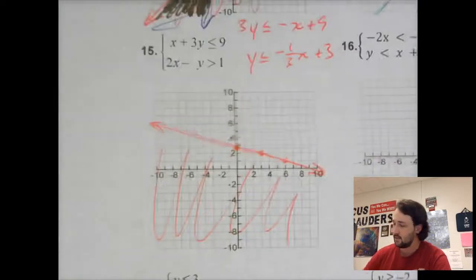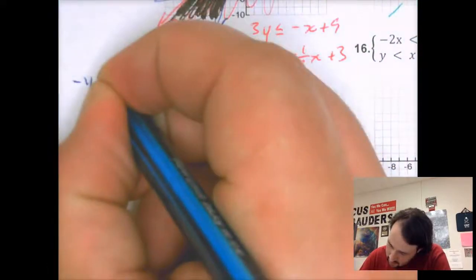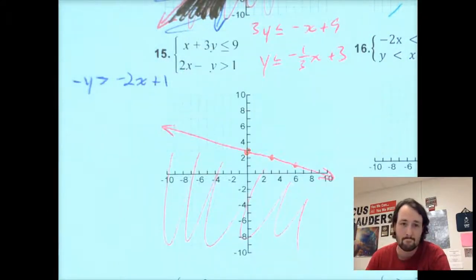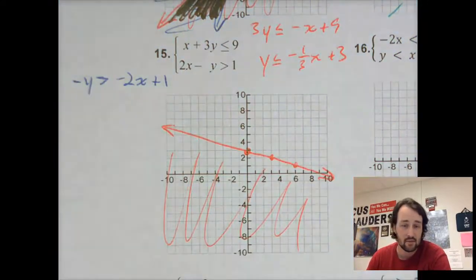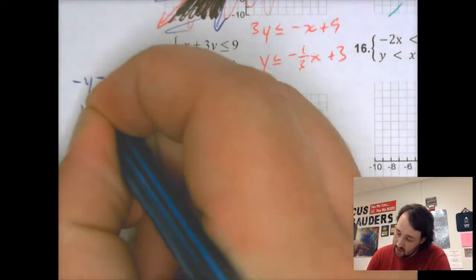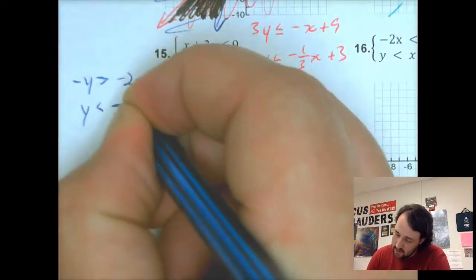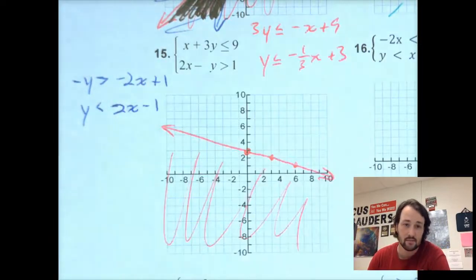All right. Now the other equation, I need to subtract the 2x over, so -y is greater than -2x plus 1. And then I need to divide by that -1. Whenever you divide or multiply by a negative number with an inequality, you need to change the direction the sign is going.